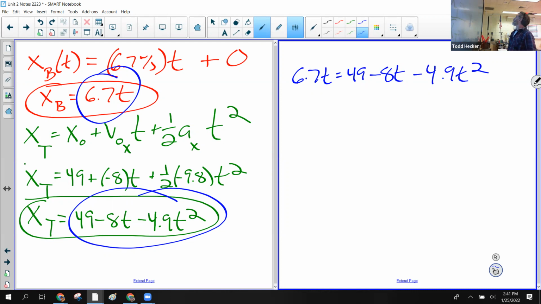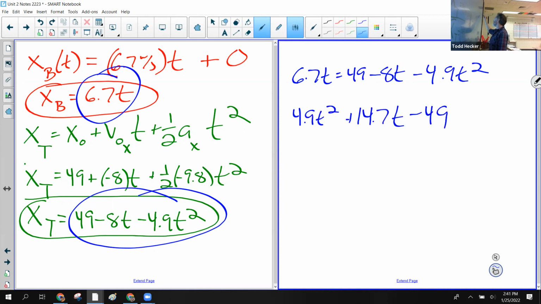So let's move everything over to the left and set it equal to 0. I'm going to add 4.9t squared to both sides, and add 8t to both sides. That gives me 14.7t. Then I'm going to subtract 49. So now we've got to solve this, and there's a couple of ways you can do it.